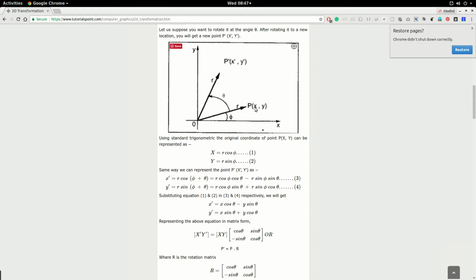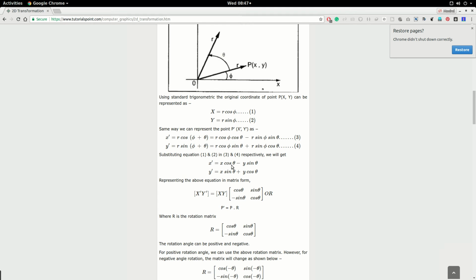You know the x value and the y value, the original location of the point, and you also know how much you rotate it, right? The theta is known. So what we need to find out is x prime and y prime. How do we find that? We find that through this formula: x prime equals x cos theta minus y sin theta, y prime equals x sin theta plus y cos theta.